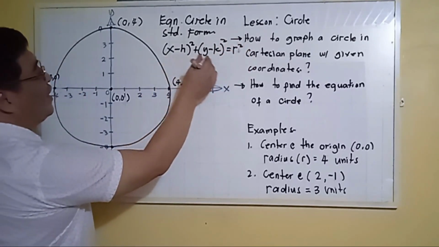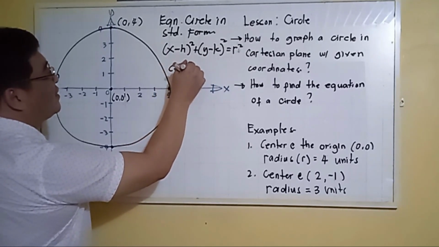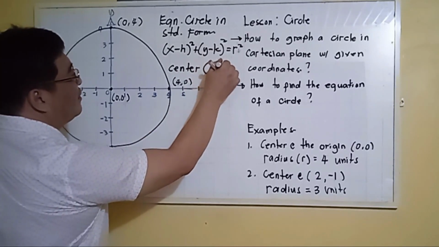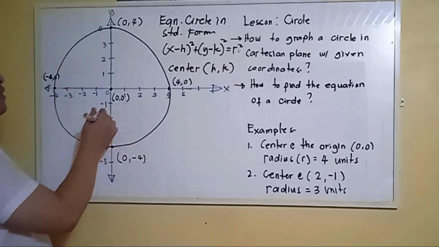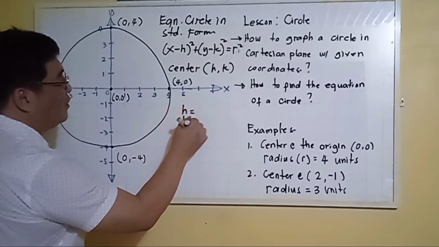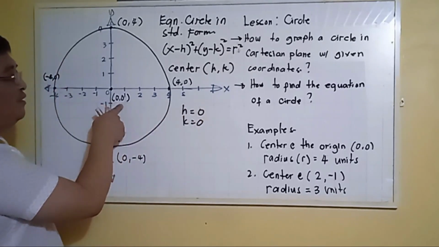So, ano ba yung h saka yung k? Yung center will represent as h, k. So, dito sa ating example number 1, yung h, k is 0 and 0.